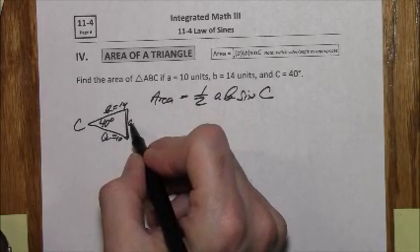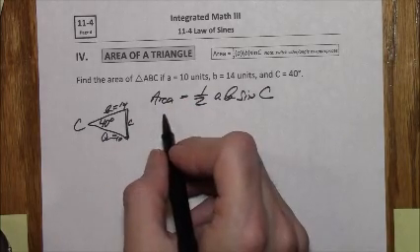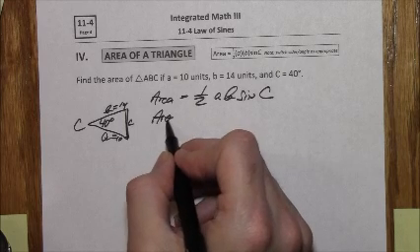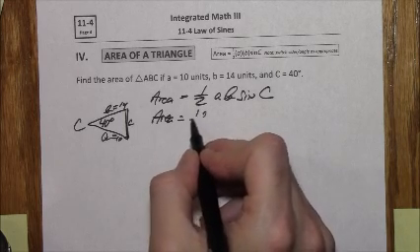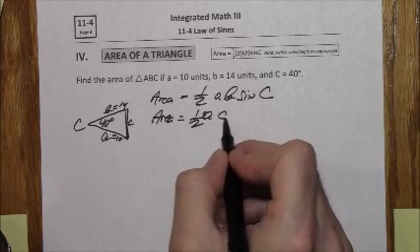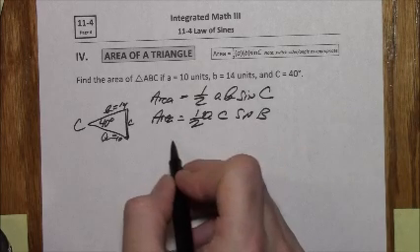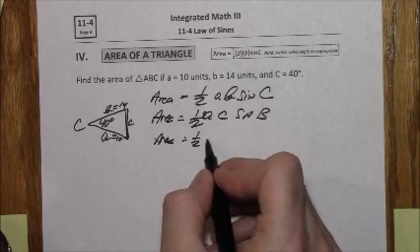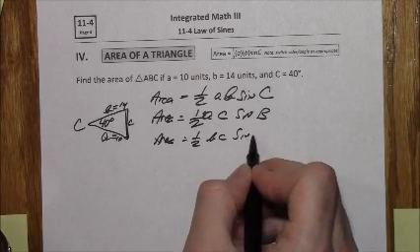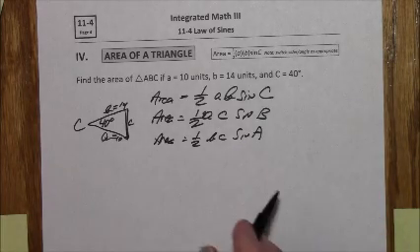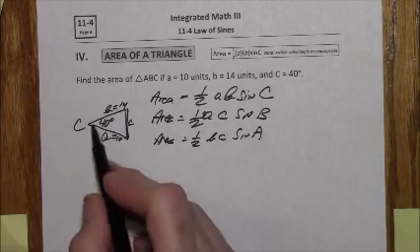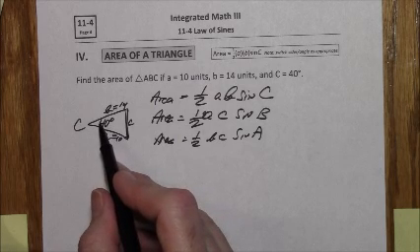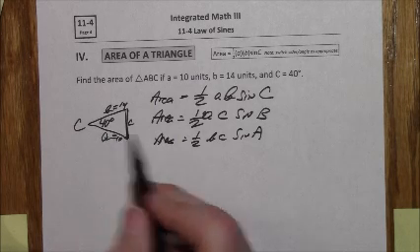So the choices could be 1/2 AC sine B, or the area could be 1/2 BC sine A. Any one of those will work based upon what your letters are, as long as the angle you have is in between the two sides.